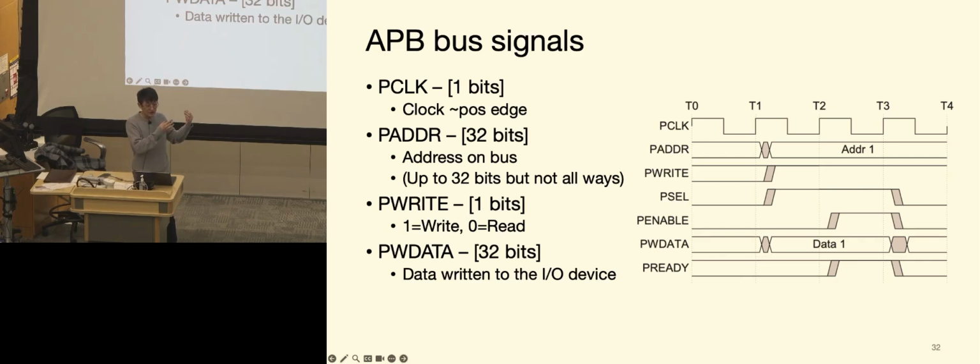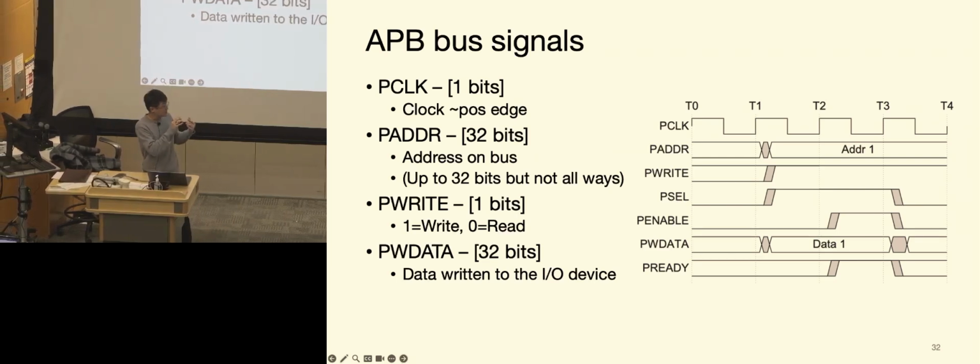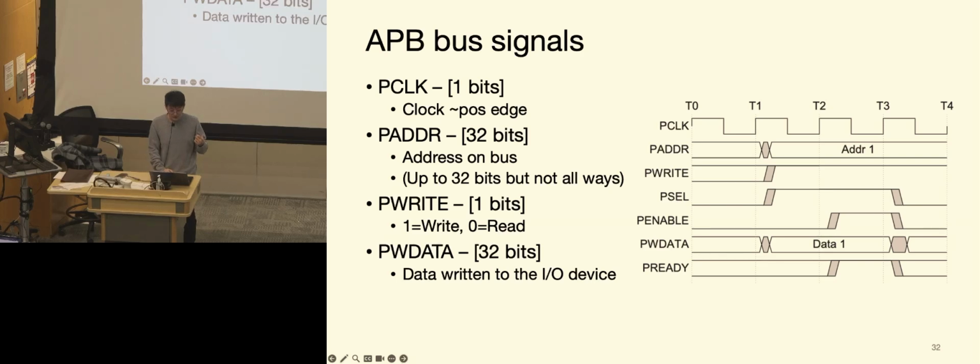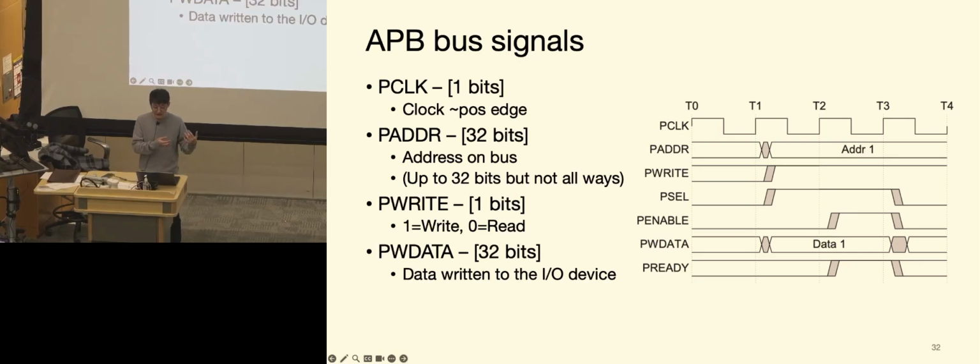And that is also connected to all peripherals. So all the peripherals are seeing the address at the same time. And the P write and the P write data are also inputs for the slave. The first is the write control signal, P write. It's 1 bit.